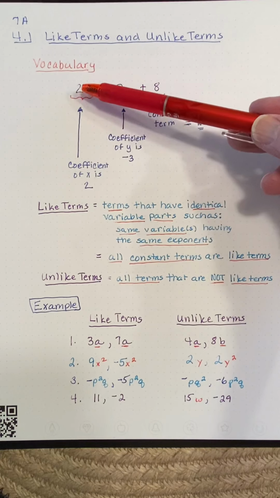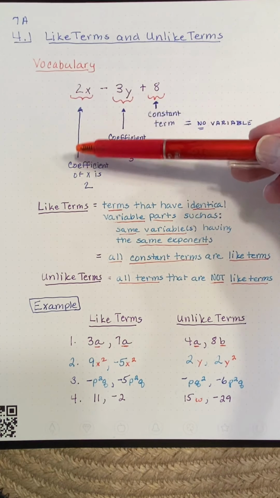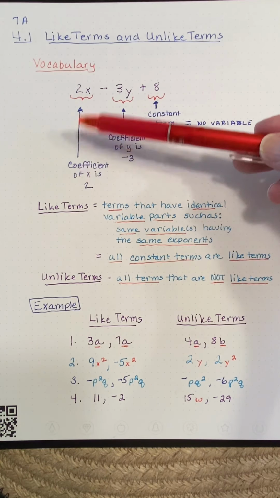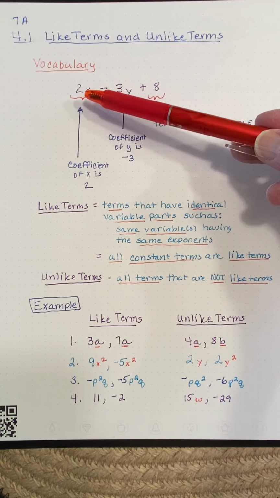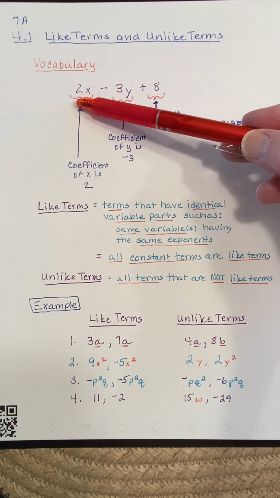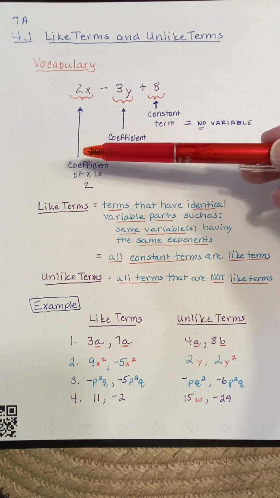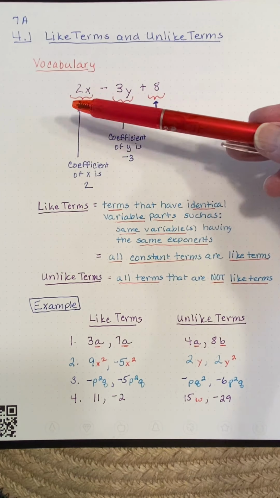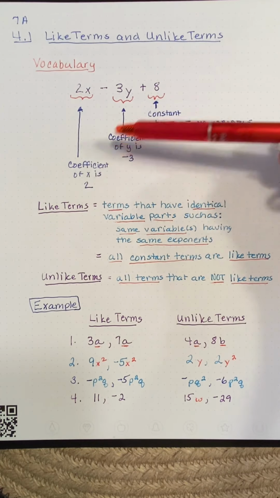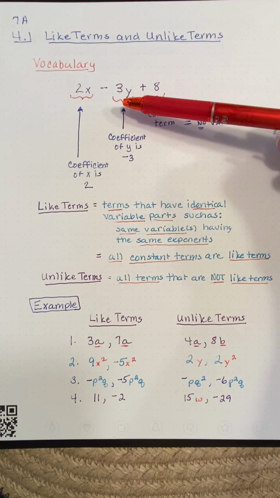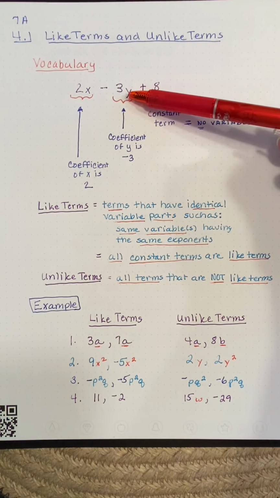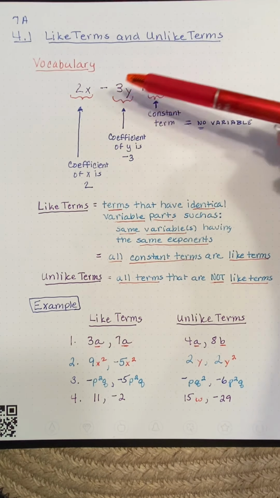So within the term, the digit 2 is called the coefficient. It's a coefficient because you have the digit and the variable together. It's a term, and the 2 part of it is called the coefficient. In this case, the coefficient of y is -3.